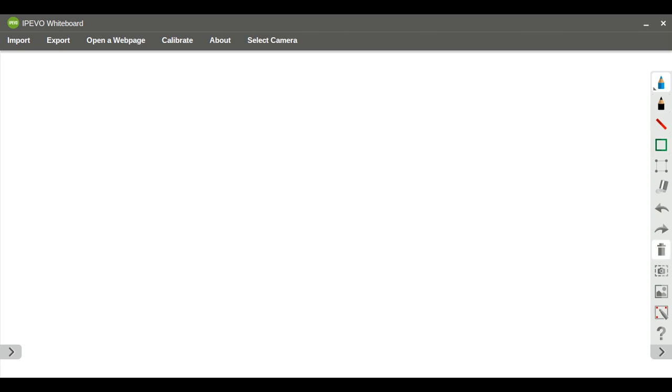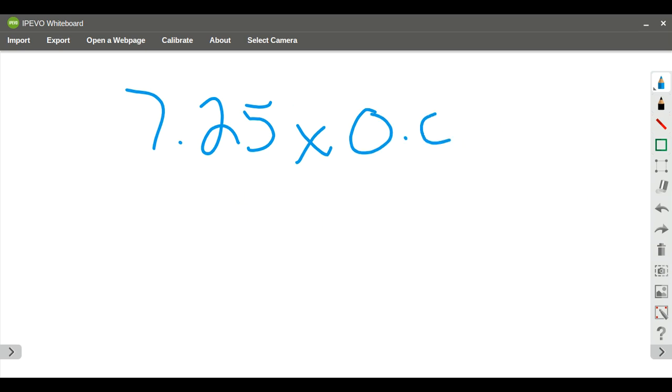Okay. If I have 7 and 25 hundredths and I multiply that by 1/100th, again, I have two numbers behind the decimal, so that means my decimal needs to move two places to the left. So I'm going to move it one.